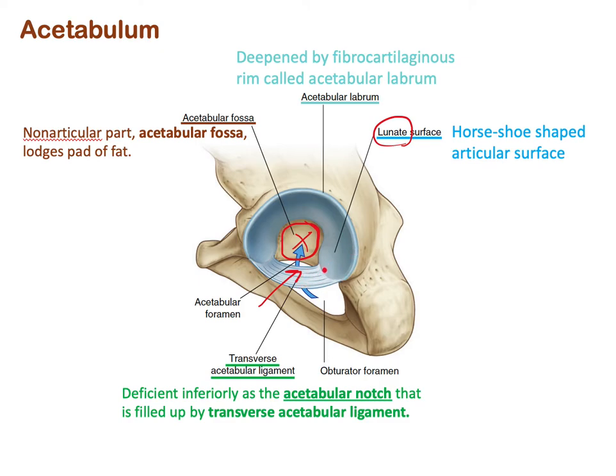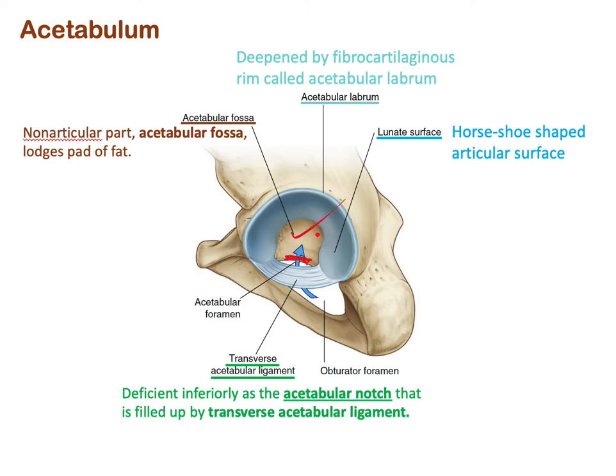So what else do we have here? You may remember from the previous lectures on the bony pelvis, where we talked about the acetabulum, that there is a notch here, which is the acetabular notch.